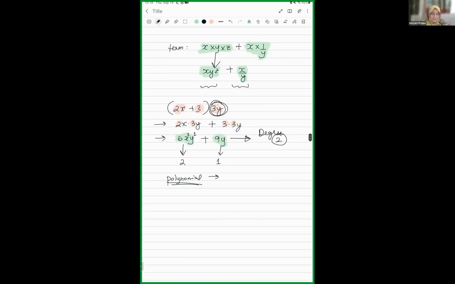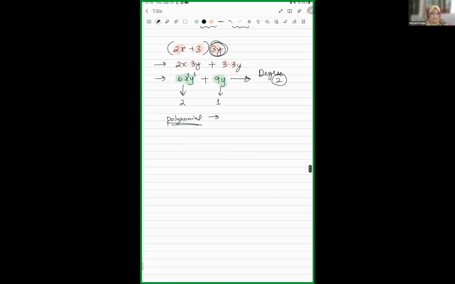So let's write it over here. Linear means the degree of the expression or of the term, anything, is 1. When the degree is 2, do you know what it's called? For example, 4x square plus 2x.